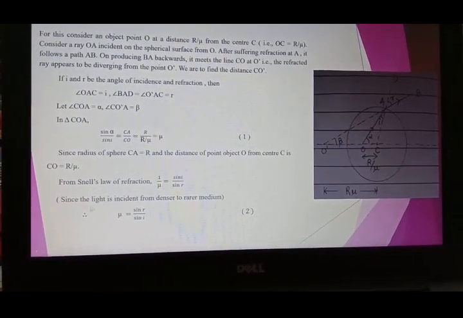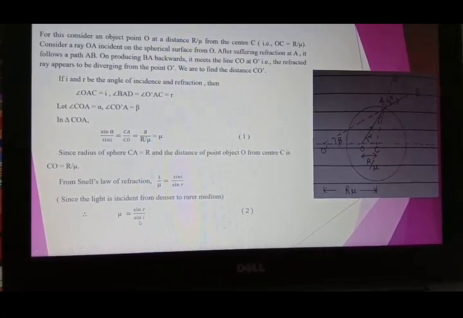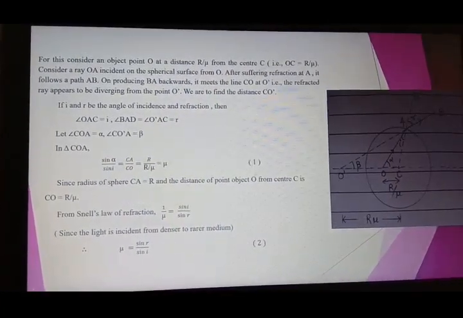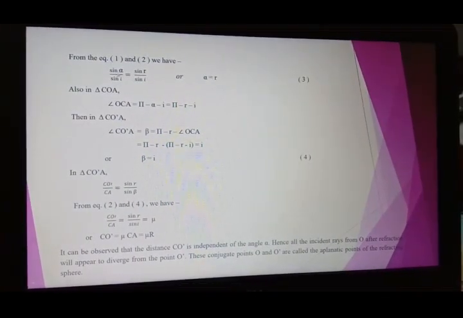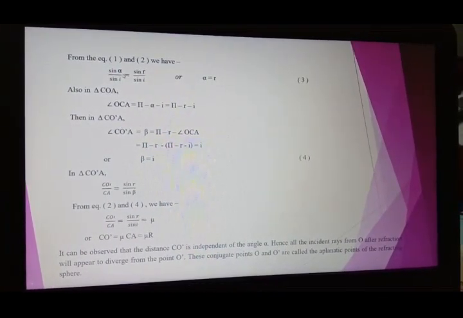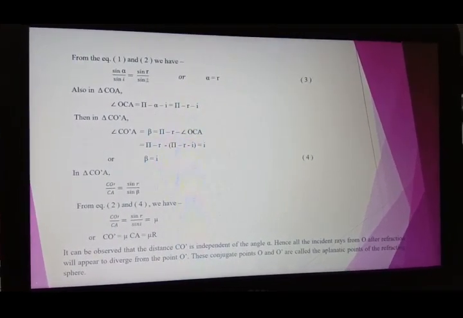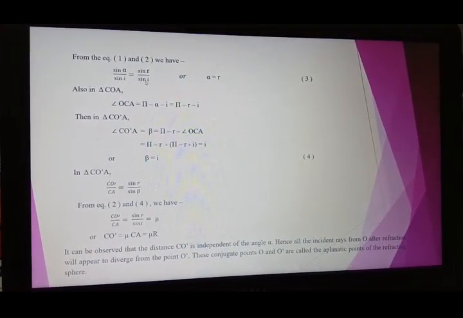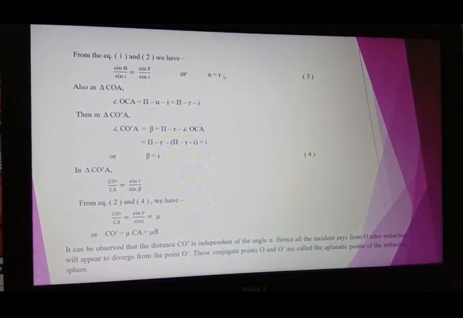So now we write mu is equal to sin r upon sin i. From equations 1 and 2 we write sin alpha upon sin r is equal to sin r upon sin i. This sin i and sin i will cancel out, so we can write alpha is equal to r.